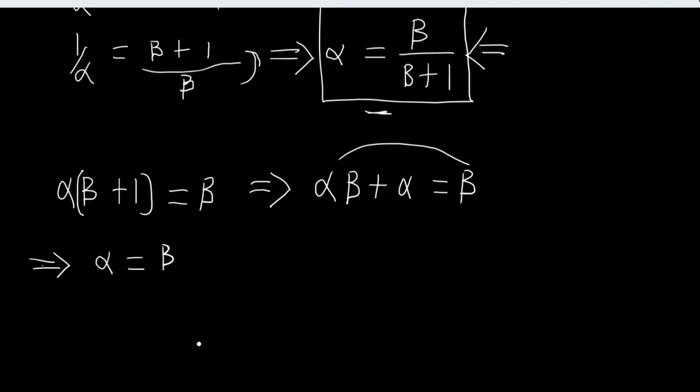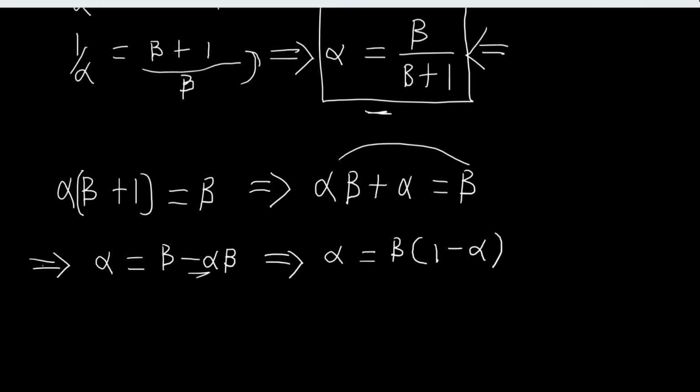beta minus alpha beta. Okay, now let's factor out our common value, which is beta, and we have that alpha is equal to beta times 1 minus alpha. So when we open the bracket, we'll return back to this.